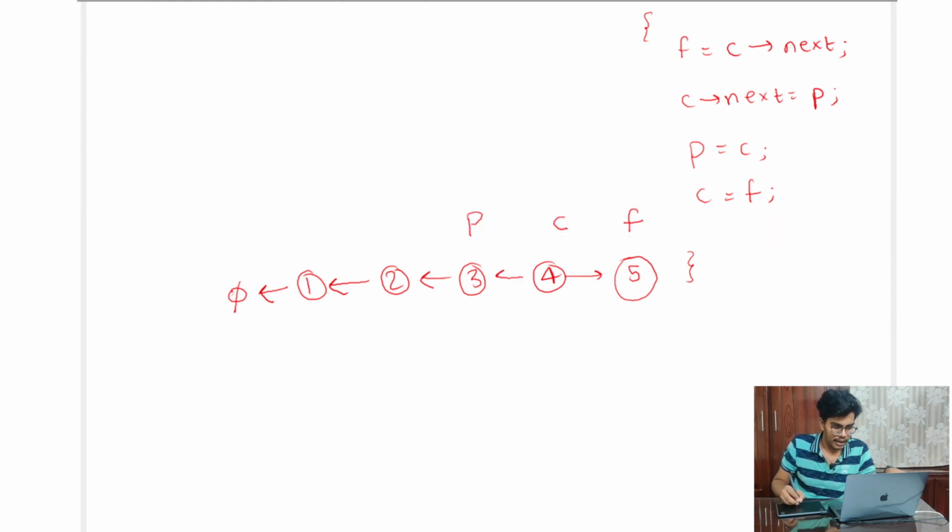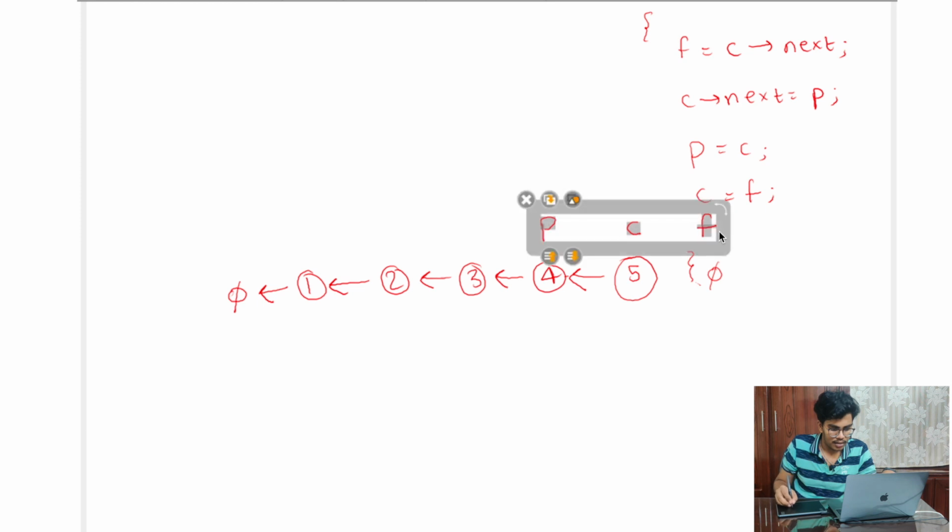Current dot next equal to p, I'll erase the link between current and forward. So now forward is pointing to a null pointer, right? Because 5 was pointing to the null pointer earlier. Now current is pointing to previous, and the connection between them is lost, and again this thing.